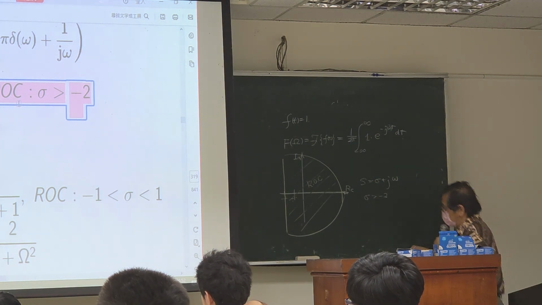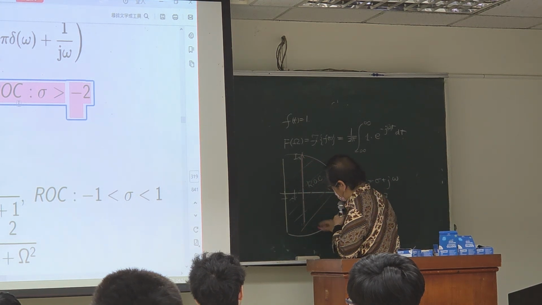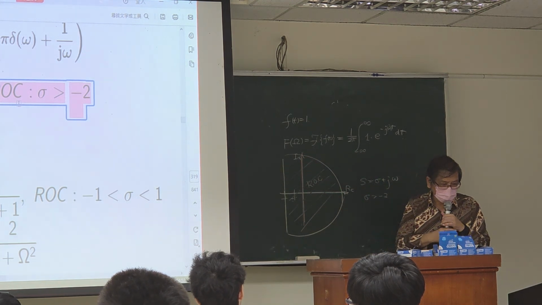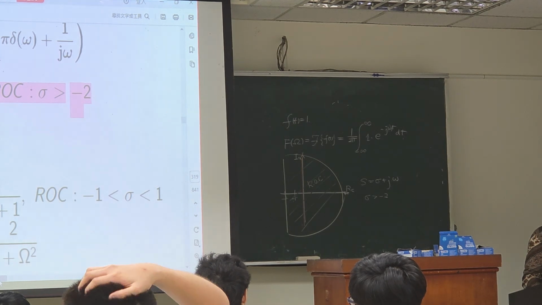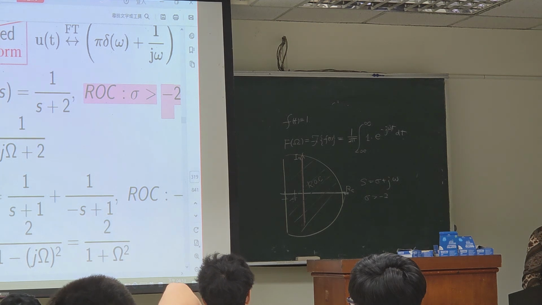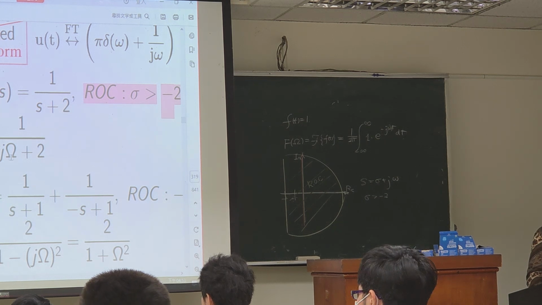Which means it contains the imaginary axis. So now we can replace s by j omega to obtain the Fourier transform of e to the negative 2t directly. Okay, that's the easy one.